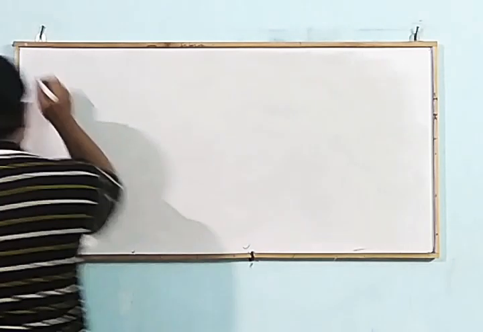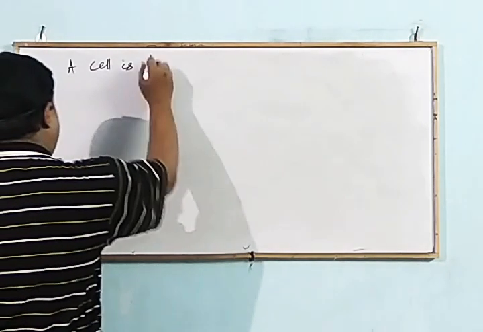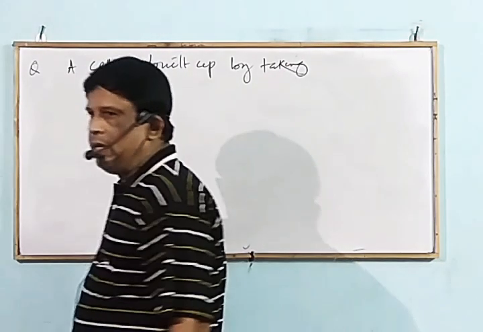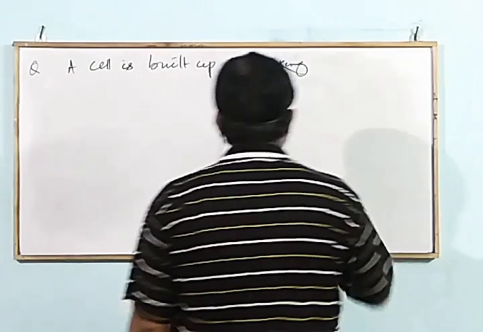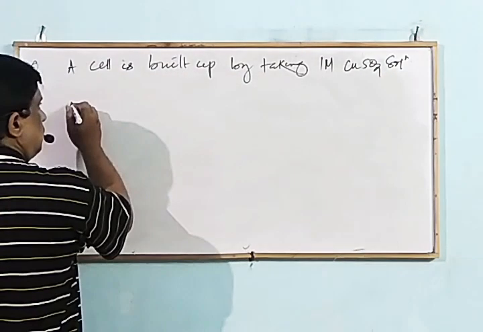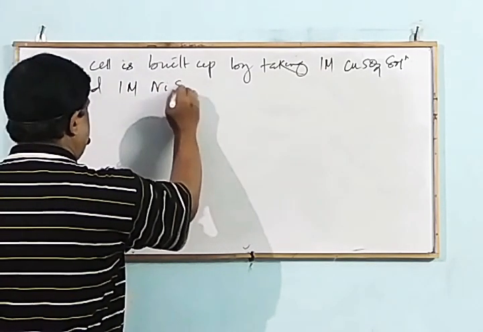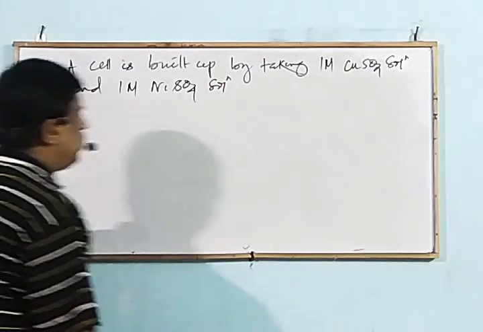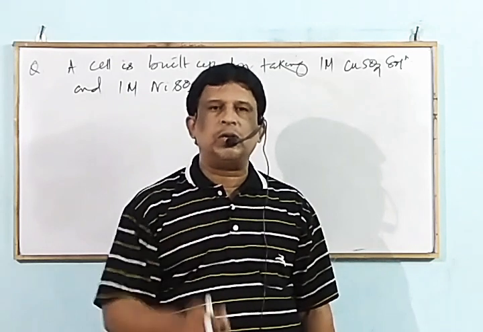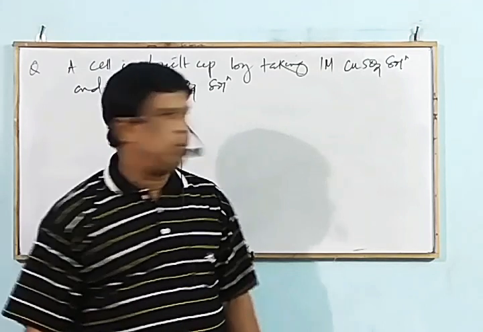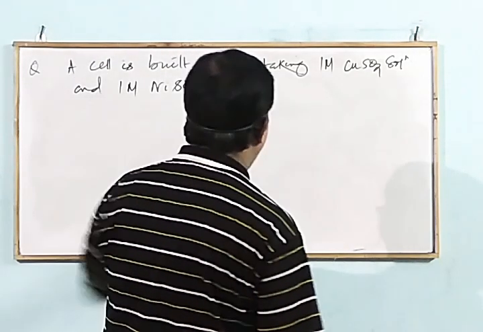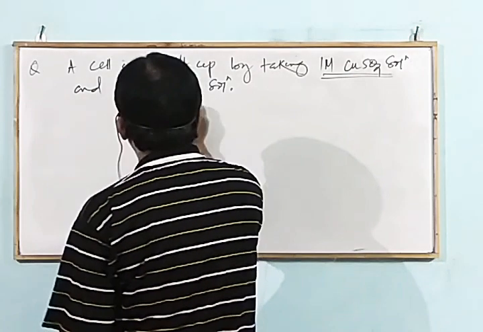The question is: a cell is built up by taking two electrolytes, 1 molar copper sulfate solution and 1 molar nickel sulfate solution. A copper electrode is inserted in copper sulfate solution, and a nickel electrode is inserted in nickel sulfate solution.